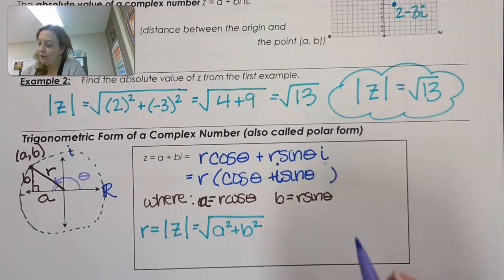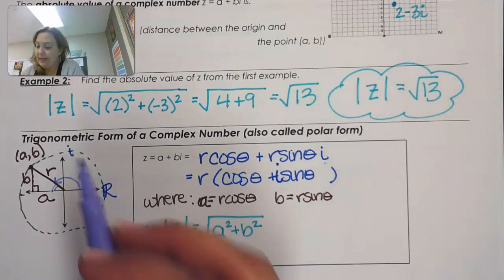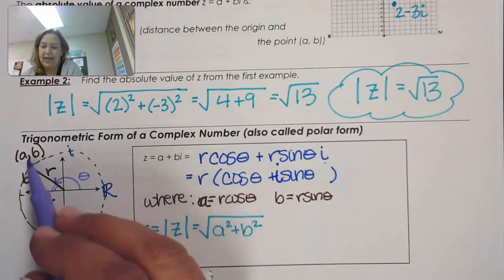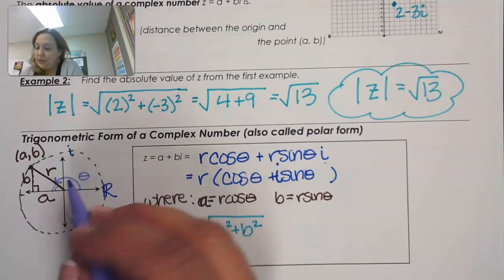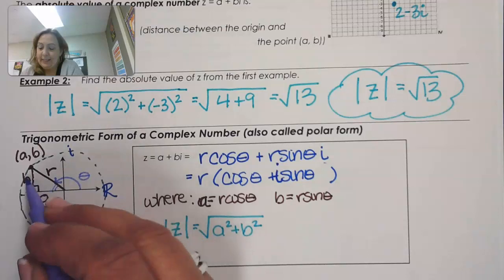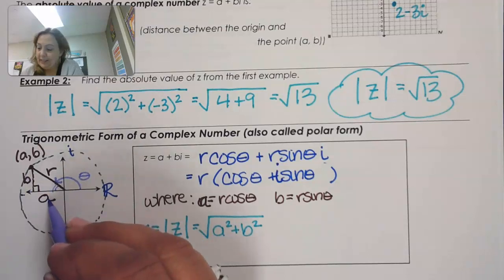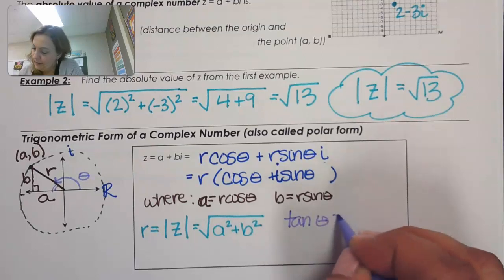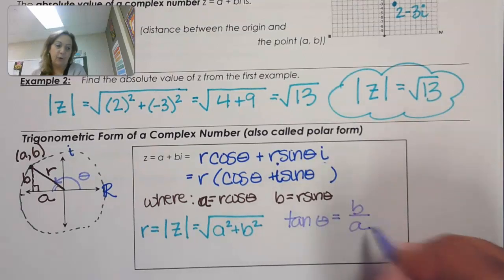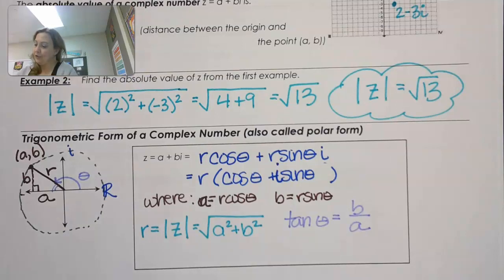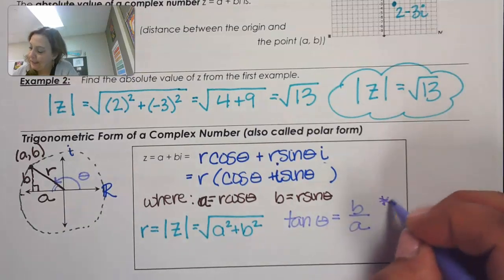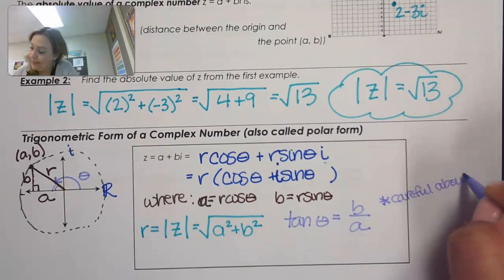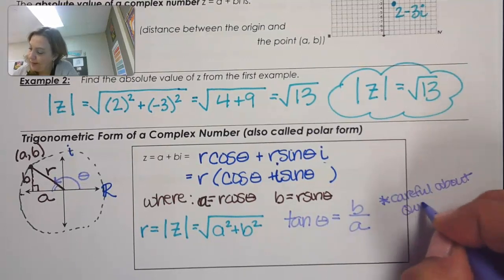And then when we are thinking about theta, we usually use tangent for that because we'll know what A and B are very easily. So our tangent would be opposite over adjacent. So our tangent of theta is going to be B over A, but make sure that you're careful about what quadrant it lies in, okay?